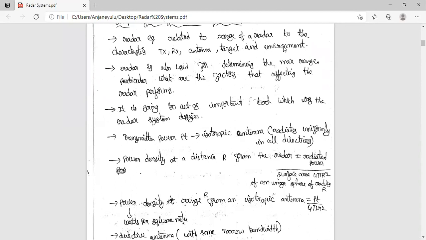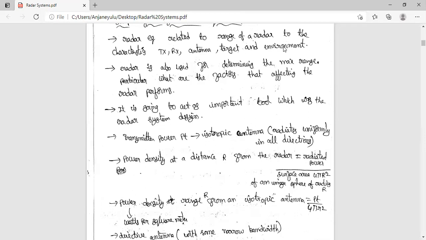Transmitted power Pt comes from the radar system. A radar system basically consists of one transmitter, which is used to generate the electromagnetic waves, and one antenna; here we are using an isotropic antenna.